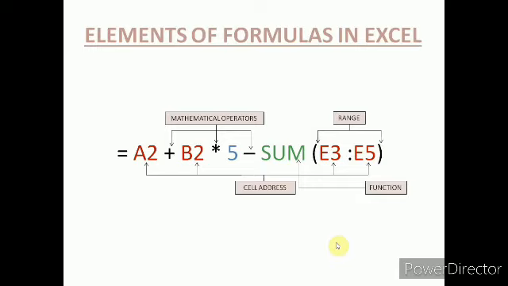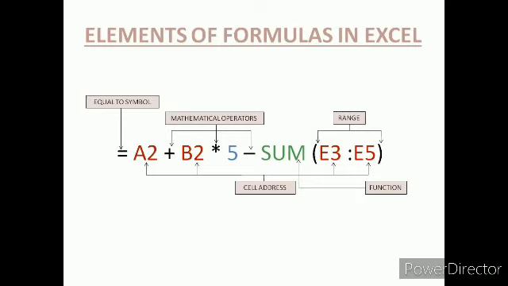Next is function. It is a predefined formula. For example, here the name of function is sum. So with this function we are trying to add the data, or we are trying to perform the addition. Next, equal to symbol.